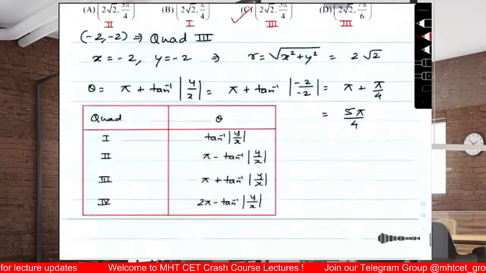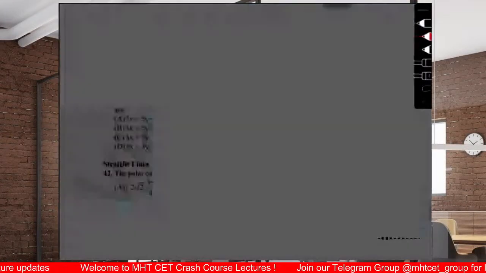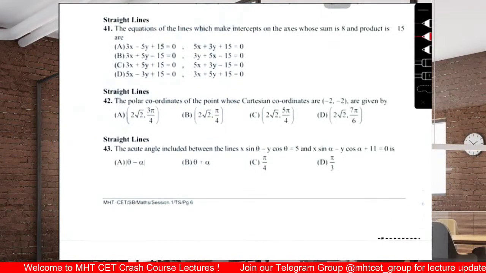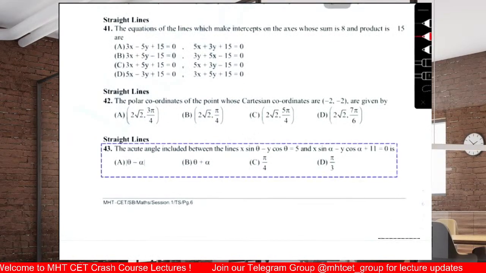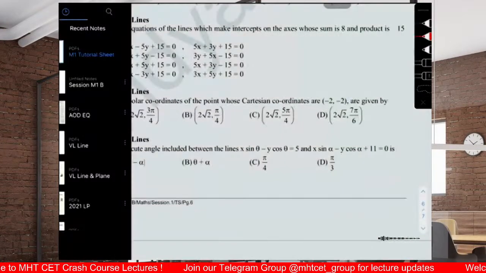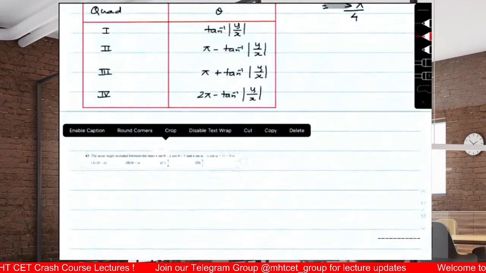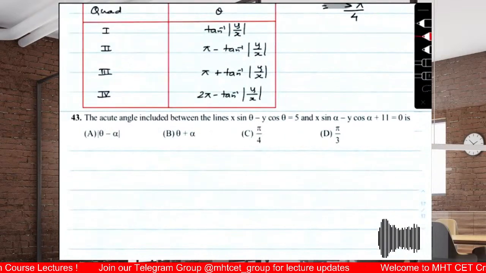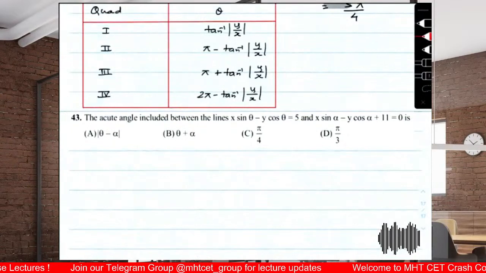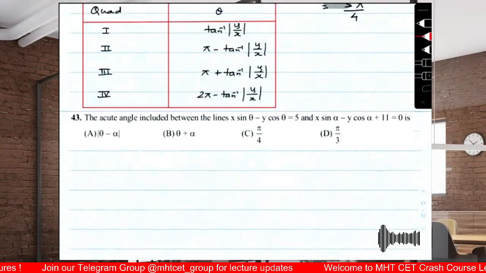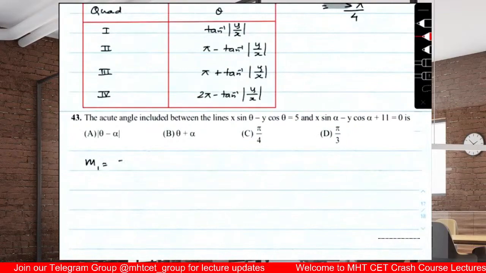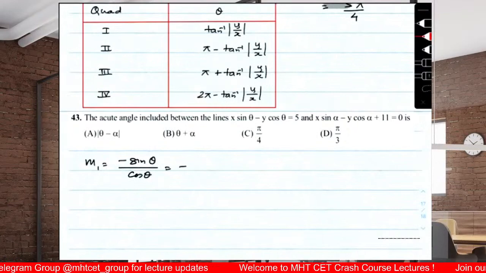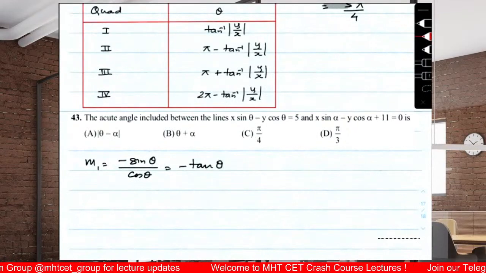Next is 43. The acute angle included between the lines. Okay, so slope of first line is minus a by b. So minus sine theta divided by cos theta is minus tan theta.